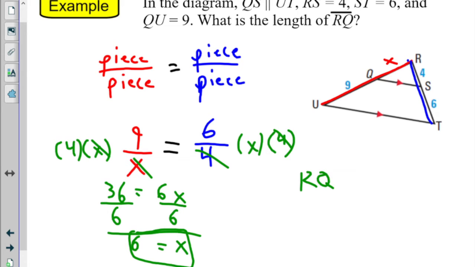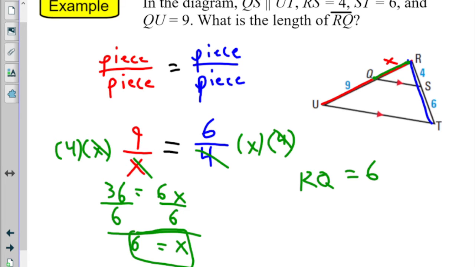And we're being asked for R to Q. Is the answer for x we just found that length of R to Q? R out to Q here. Oh, yes, it is. So R to Q is just 6.